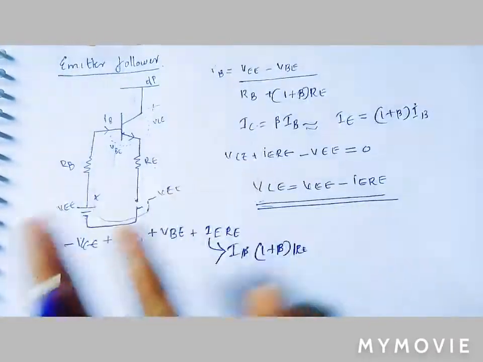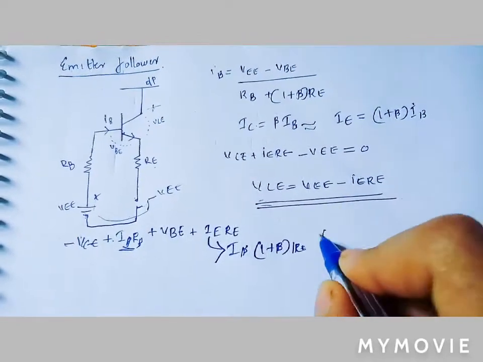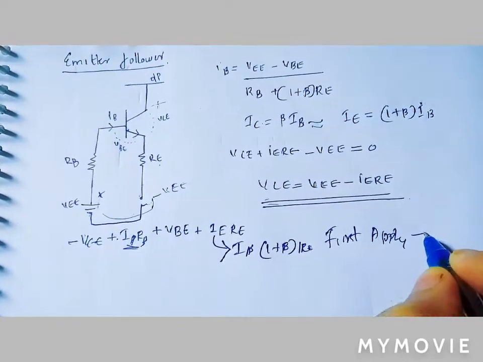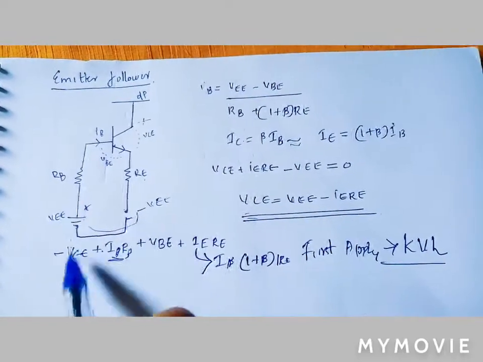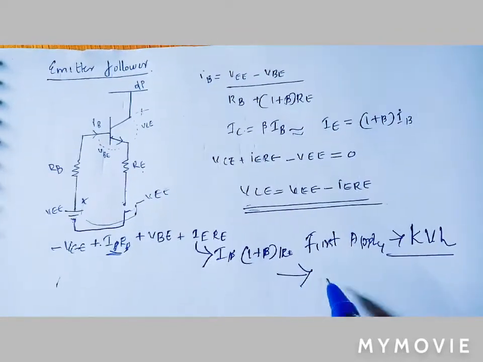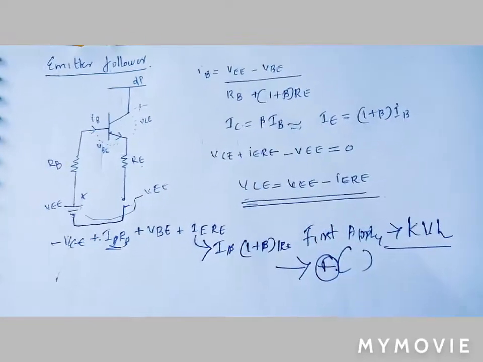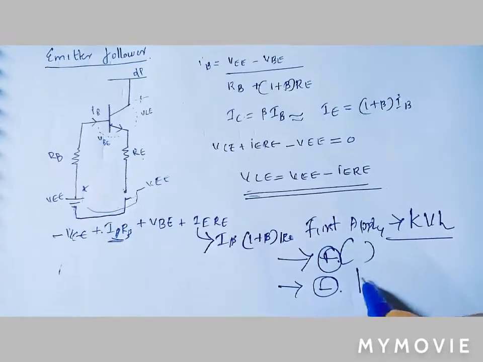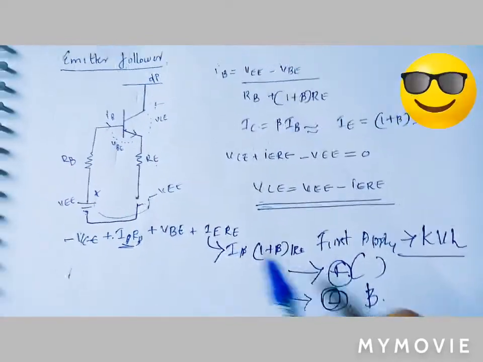So we have just discussed the types of common emitter configuration. First we find how to apply the KVL, that is Kirchhoff voltage law, in the circuit. If you strike a positive terminal of a voltage, we take positive. If you strike the negative terminal of a battery or voltage, you take negative.